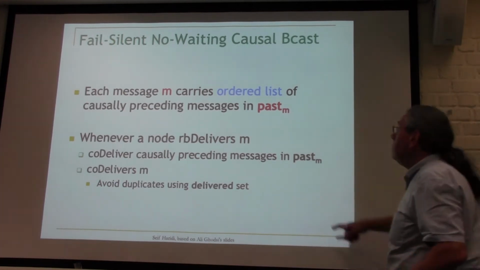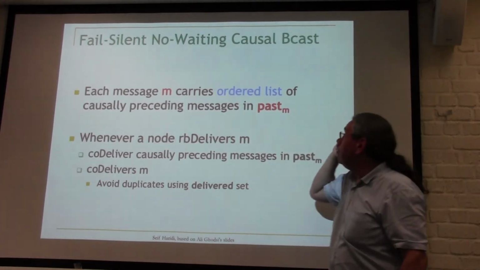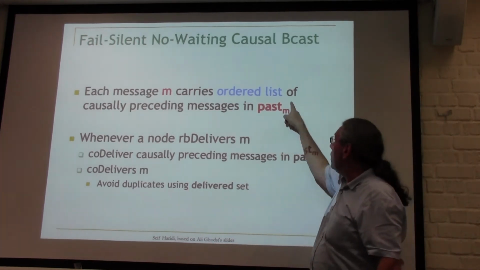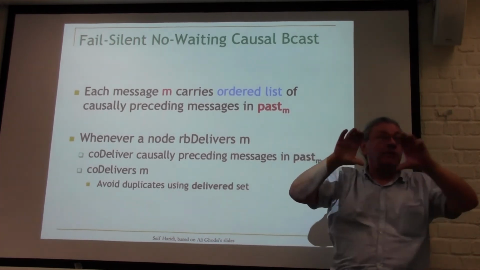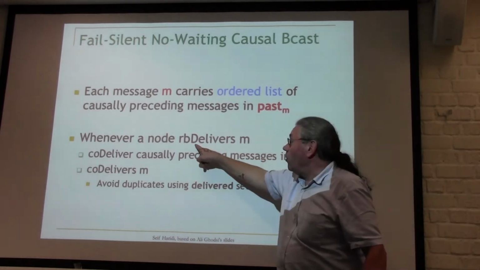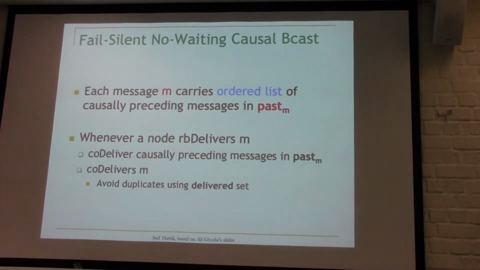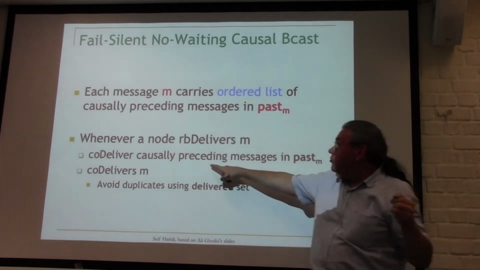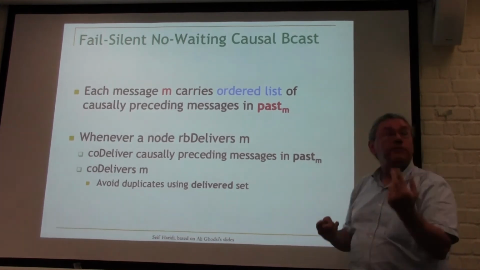Each message, M, will carry an ordered list of all causally preceding messages. So there's a variable that I'll call past M, which is an ordered sequence of all causally preceding messages, in order. Whenever a node RB delivers, it will look at past, and it will CO deliver all the causally preceding messages.